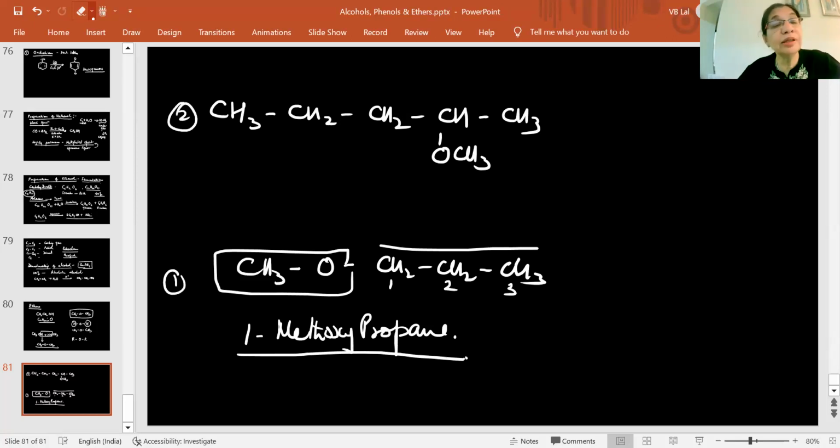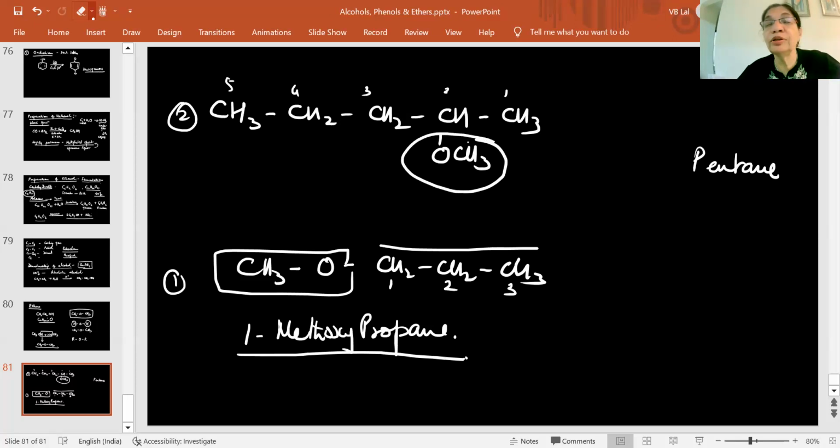Okay, this is the first one. How will I name the second one? This is 1, 2, 3, 4, and 5. So that is pentane. And on the second carbon atom, what do I have? Methoxy. So I'll call it 2-methoxypentane, right?